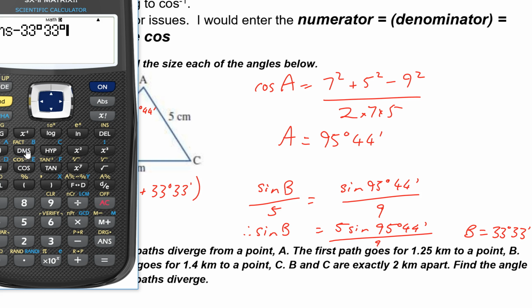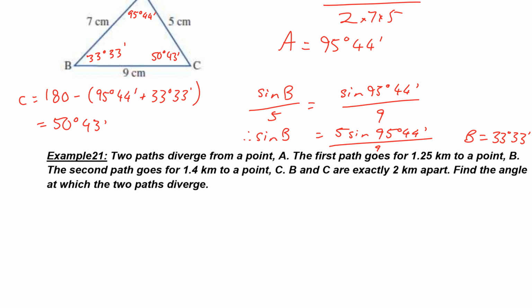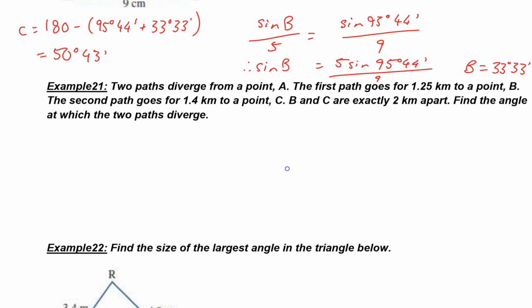Don't forget, you have to hit that DMS button at the end. And we get 50 degrees 43 minutes. There we go, we've found all three angles. A bit of work to be done there, but it's an easy question to write, and there's quite a lot of work to do to get to the answer.